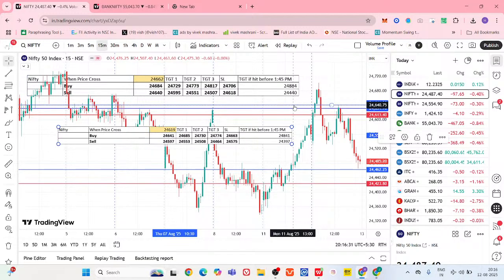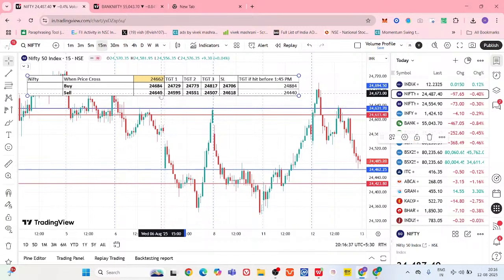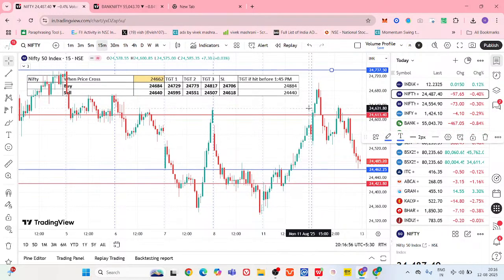Now we'll go by the 10 o'clock. Above 684 was not closing after 10 o'clock. But yes, a close below 640 was done, which is somewhere over here. Okay. So we'll leave this aside.